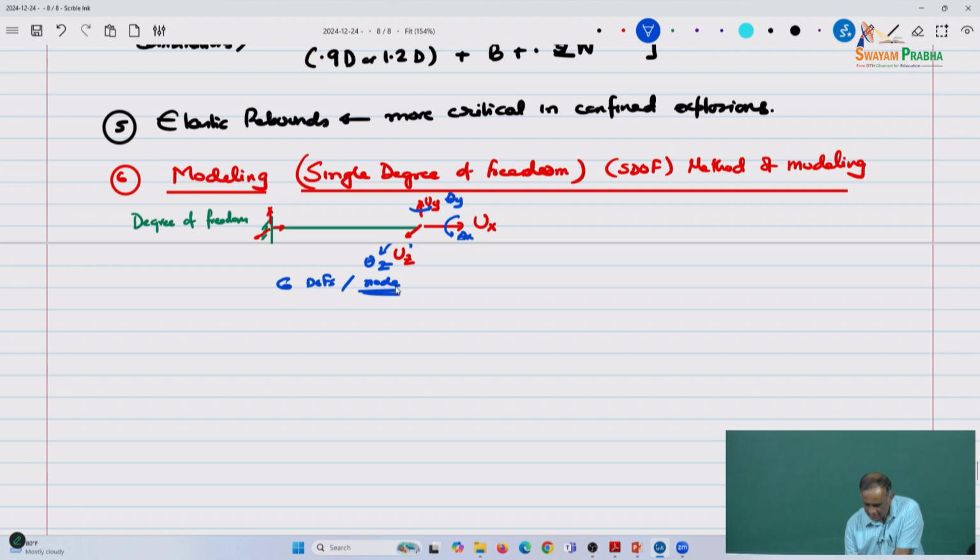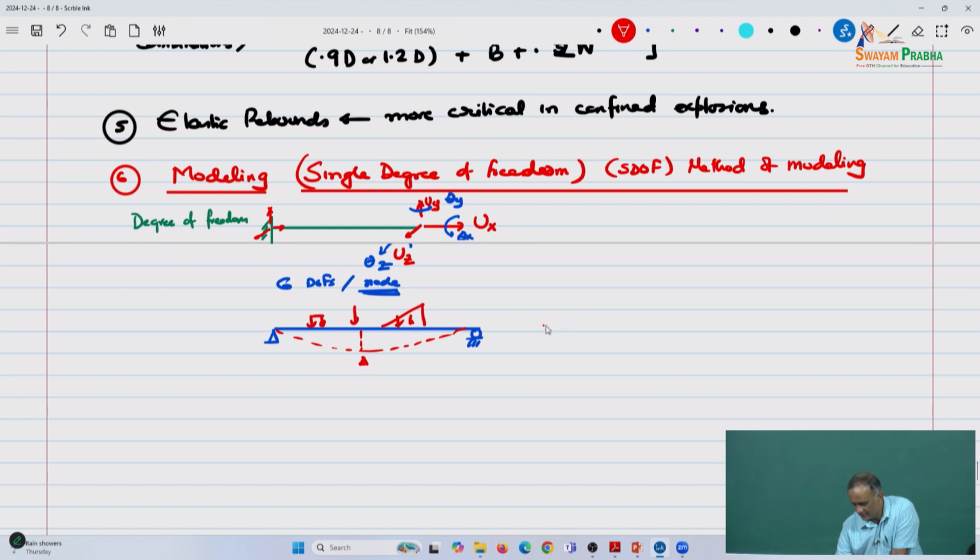But what we talk about here is not quite this finite element representation; now we are talking of a structural degree of freedom. So when you have a loading, whatever be the loading on the structure, it's going to deflect in a certain manner. Let's take any type of loading.